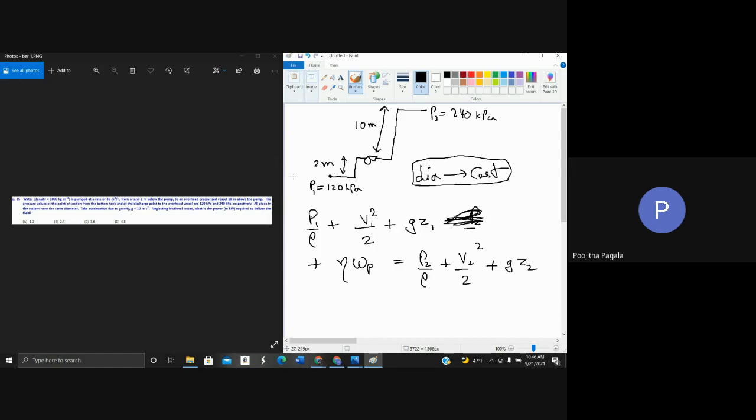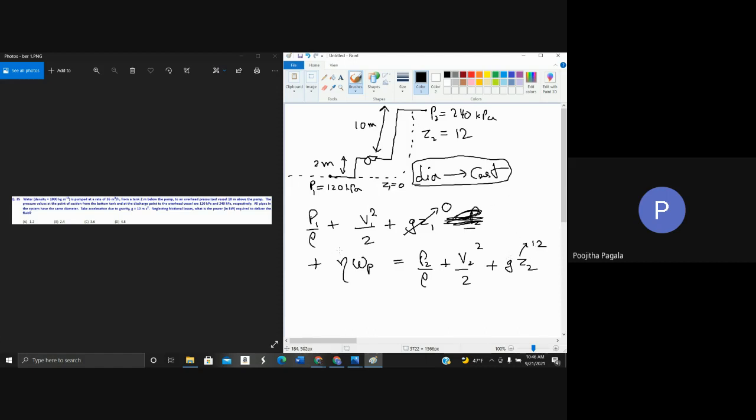Now let us take this as the reference plane. If I say Z is equal to 0 here, then over here Z2 is equal to 12. So Z1 becomes 0 and Z2 is 12, and g is 10 as given in the question.